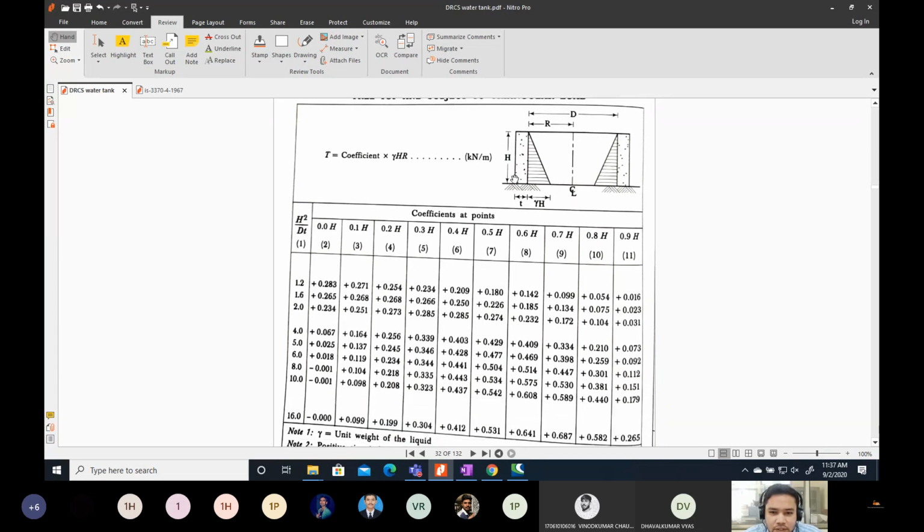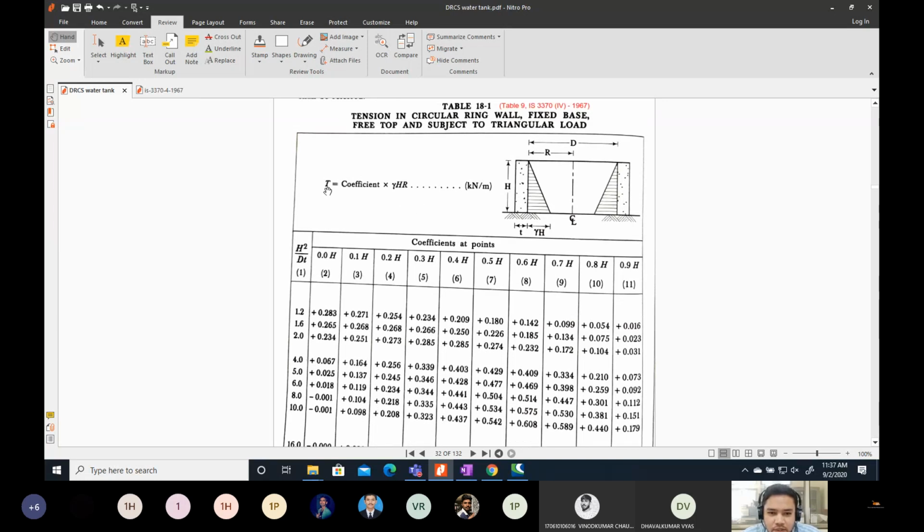Okay, and this is the table. So tension is equal to these coefficients multiplied by gamma h into r. You have to multiply this factor to these coefficients to get the tension.